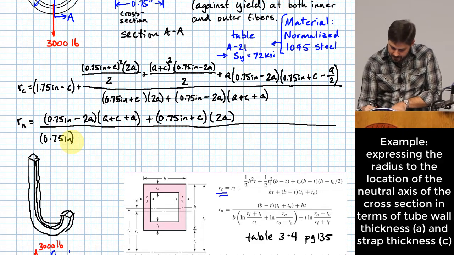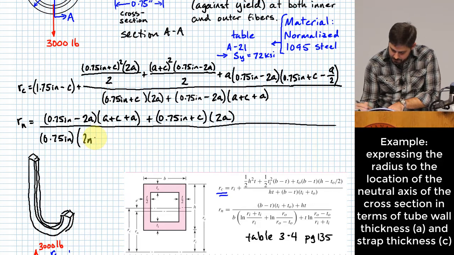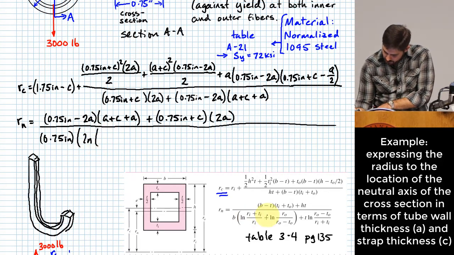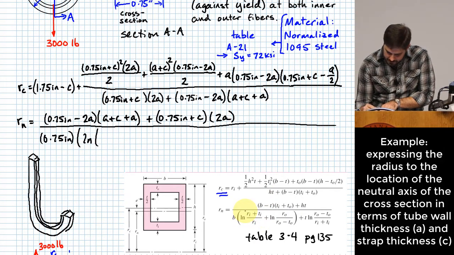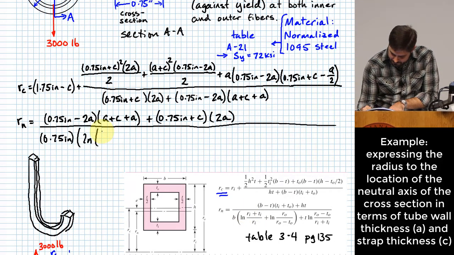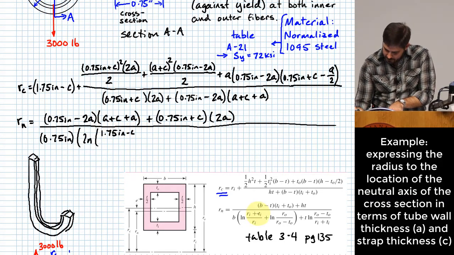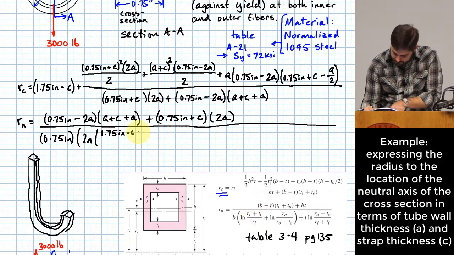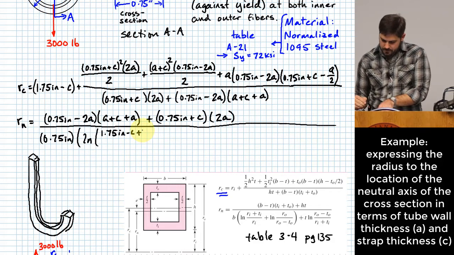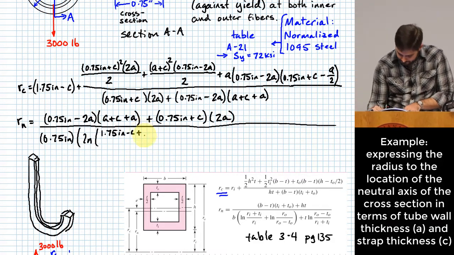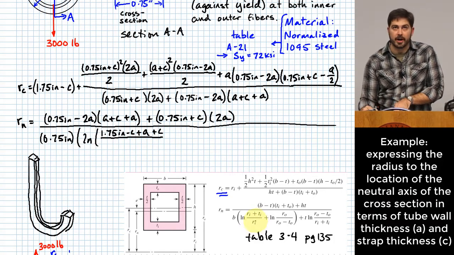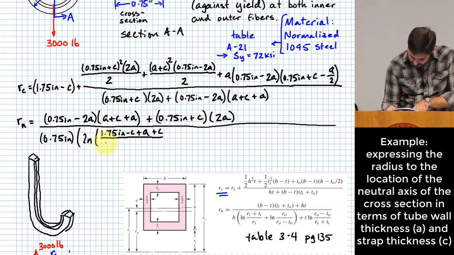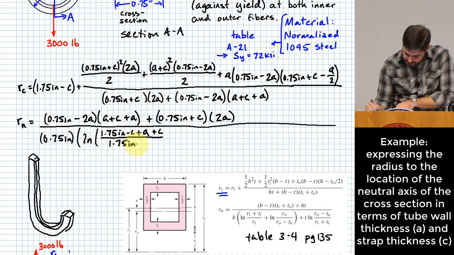This is multiplied by, in the parentheses here, the natural log of R sub i plus T sub i. R sub i is 1.75 inches minus C, and T sub i is A plus C. This all gets divided by R sub i, and R sub i is 1.75 inches minus C.